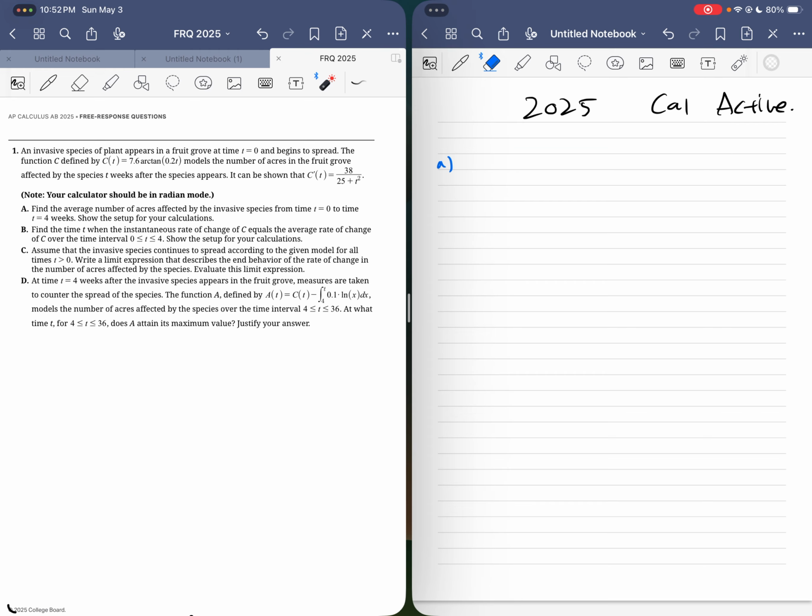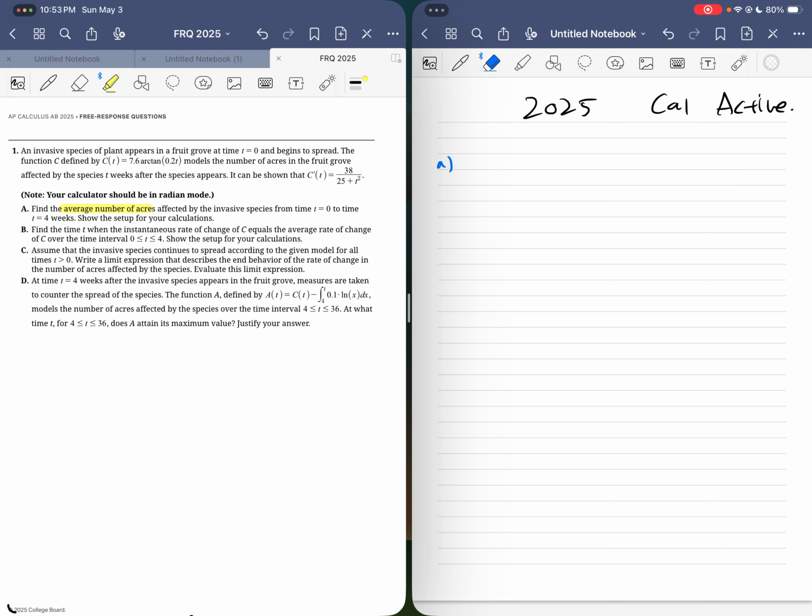So it looks like this one is not a rate. This is just the number of acres affected, and that's the rate. The question says find the average number of acres affected by the invasive species from time t equals 0 to time t equals 4. Show the setup for your calculation.